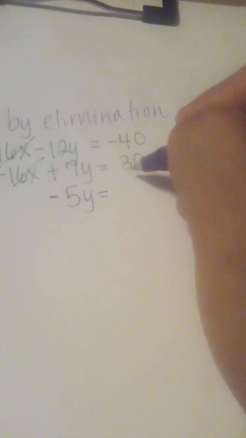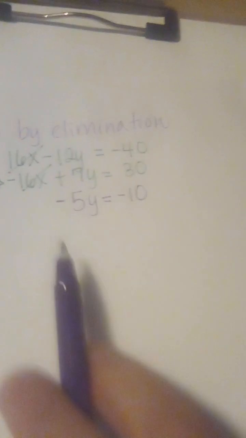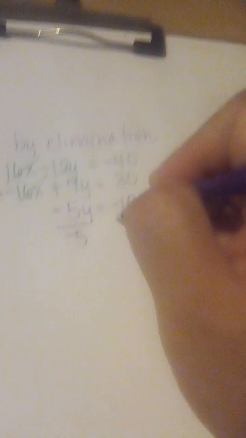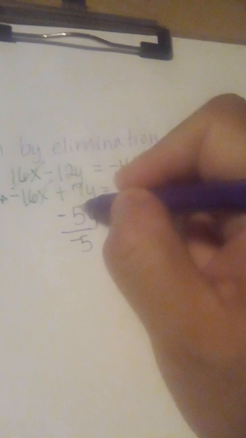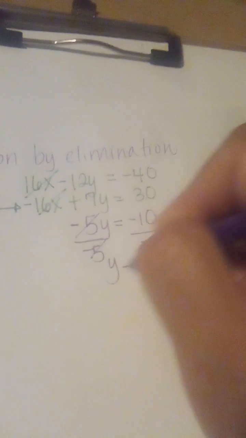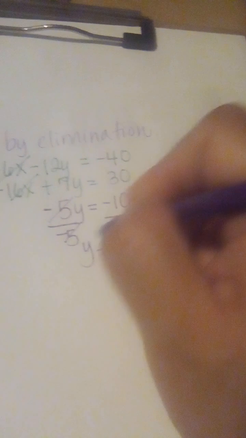So it's negative 40 plus 30, which is negative 10. We're almost halfway done with the first part. Then we're going to divide both sides of the equation by negative 5. Cancel out the 5s on the left side of the equation. We bring down the y. We have negative 10 divided by negative 5, which is a positive 2. We got the y.